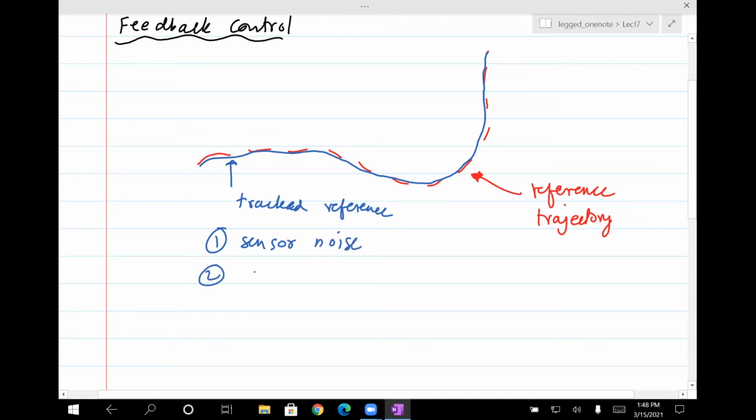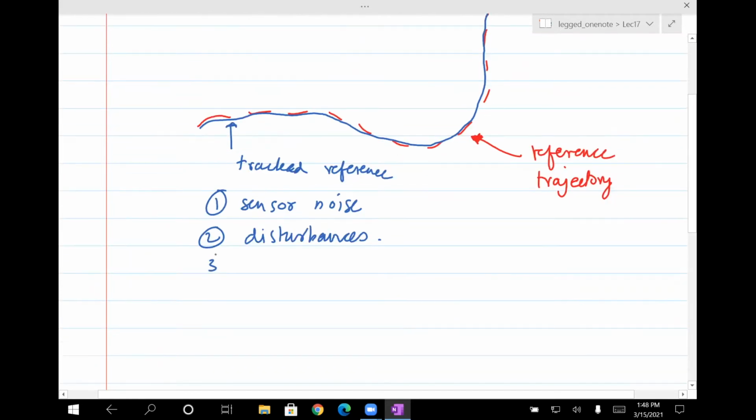There could be external disturbances. Okay, there could be modeling inaccuracies. Okay, there are other things, but these are the three most important things which prevent us from tracking the system perfectly.